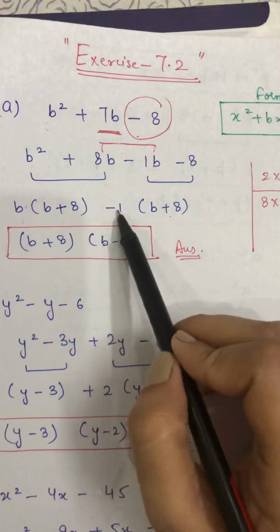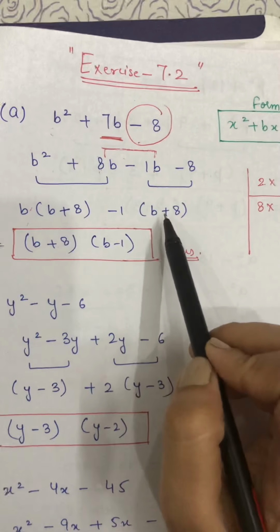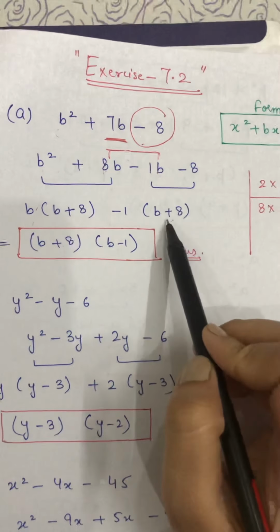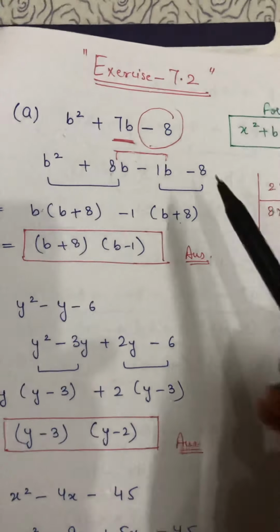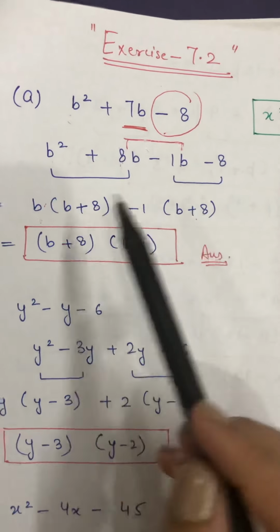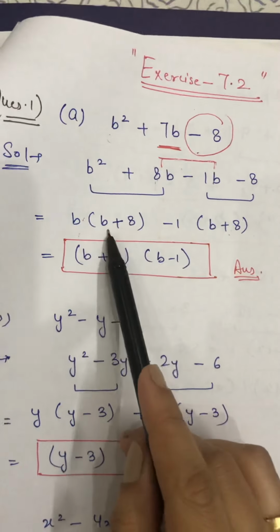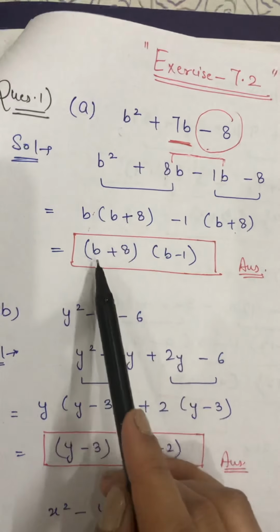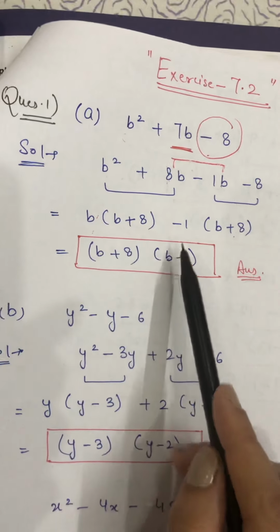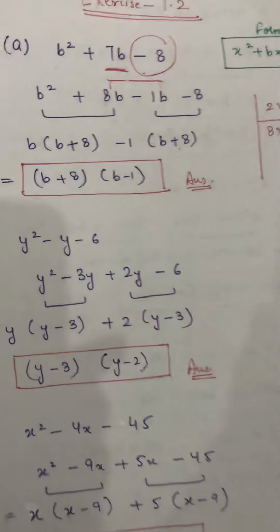Whenever I take the minus sign outside, my internal signs become opposite: minus becomes positive and positive becomes negative. So if I take the minus sign outside, both become positive. Now this bracket and this bracket are the same, so you take it common. You write this bracket only one time. Take common. Now what is left? Only b is left, minus 1 is left, and this will be your answer.